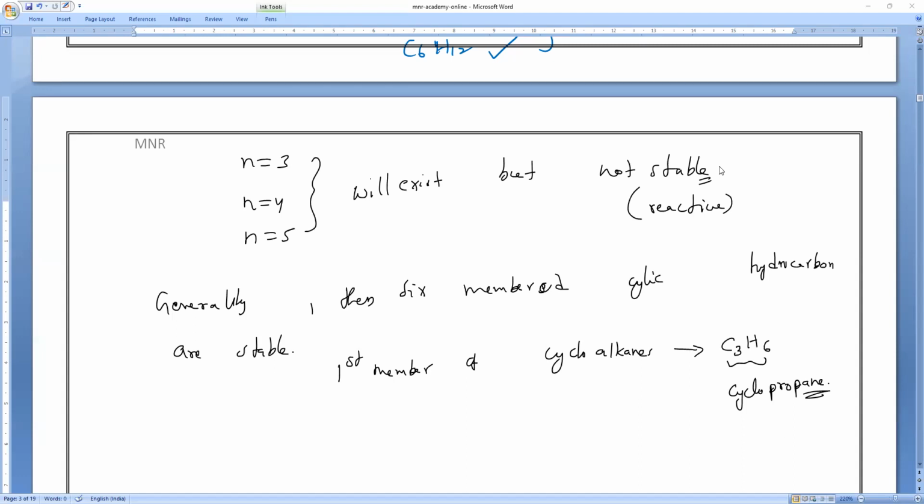That's why cyclic hydrocarbons basically start from n equals 6 only. Clear, everyone? That is what you have to remember. Anybody having any doubt, please let me know.